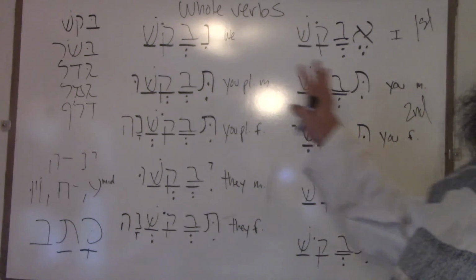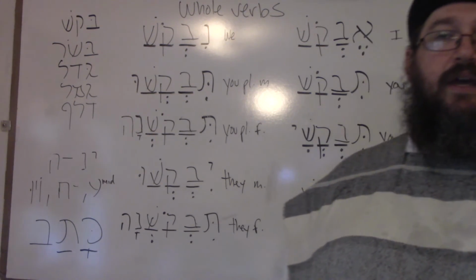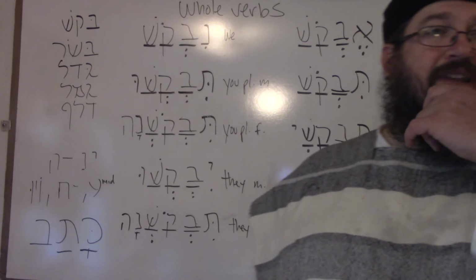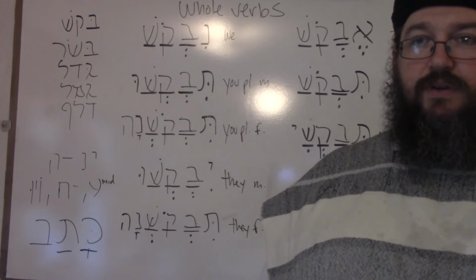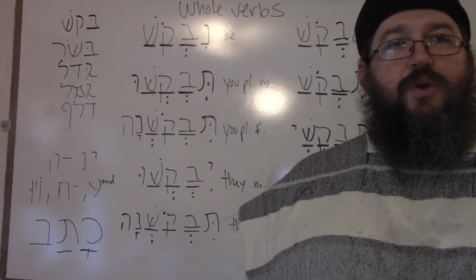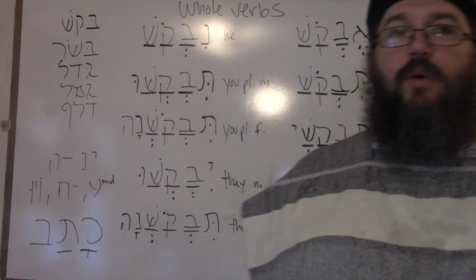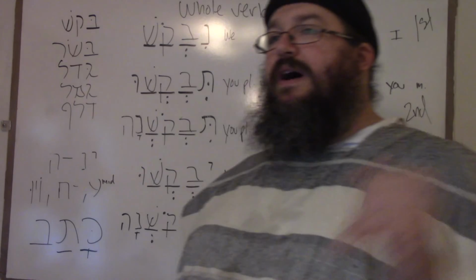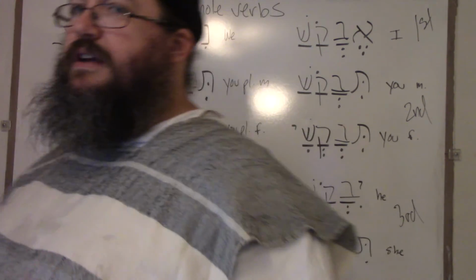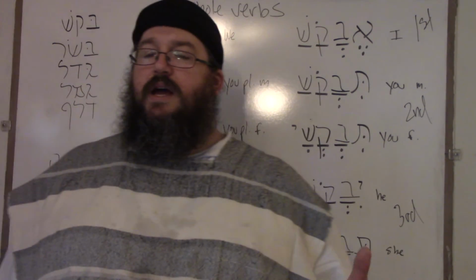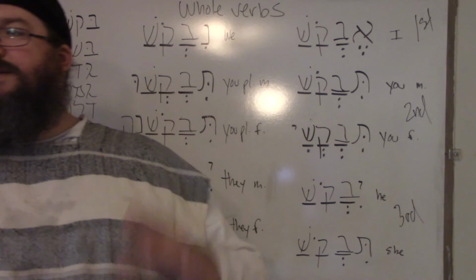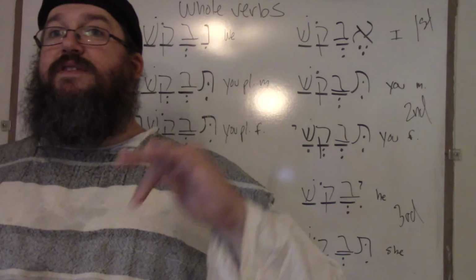So, if we were to take this whole verb form, okay, and now I want to stipulate the possibility of putting it into a Vav conversive. Now, what was the Vav conversive? If you watched my videos and listened to me as I talked about the Vav conversive form, we can talk about it as being basically the Vav narrative.